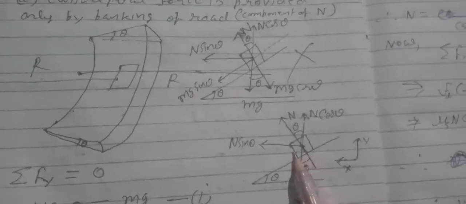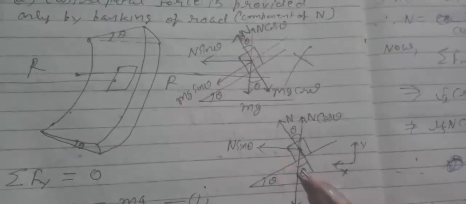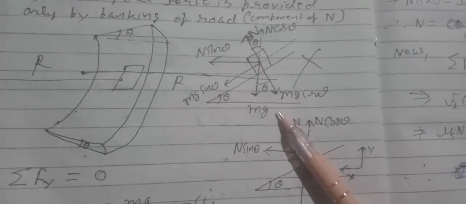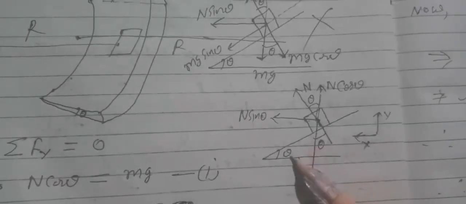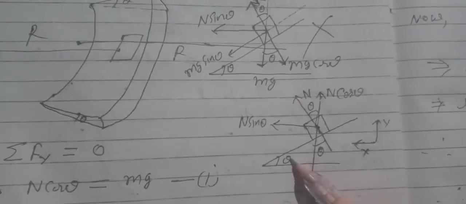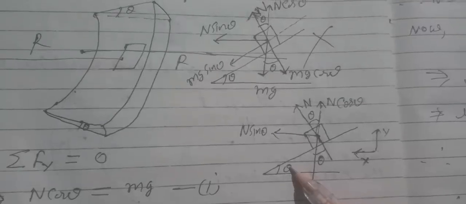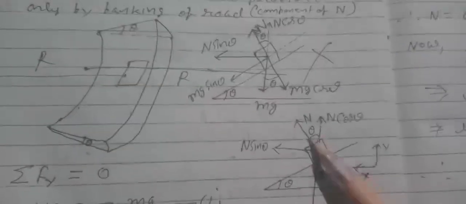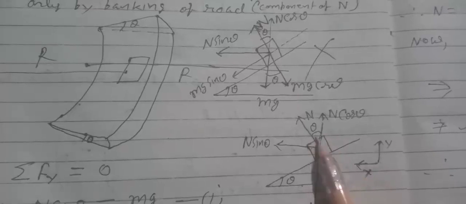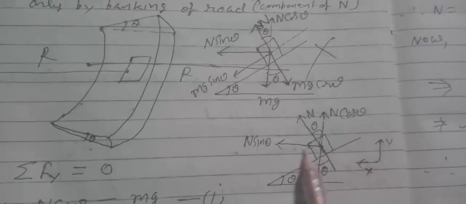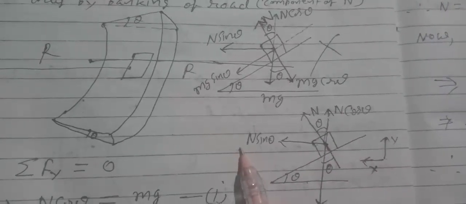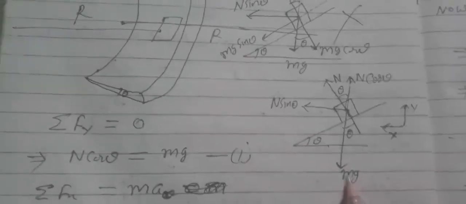The free body diagram is shown: N is acting along this direction, but the car weight mg is acting along this direction, and the road is banked at angle theta. Now taking the components of N, we have N cos theta in this direction, and N sin theta in this direction, and mg.